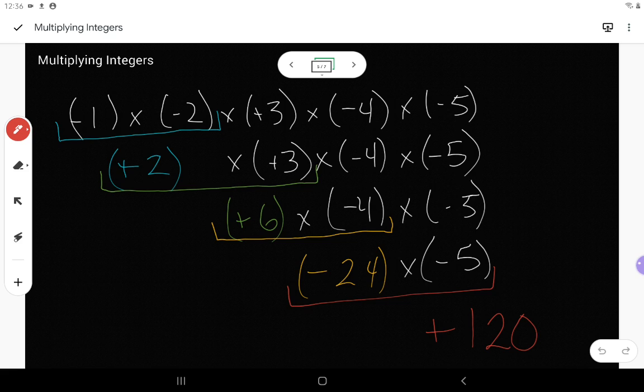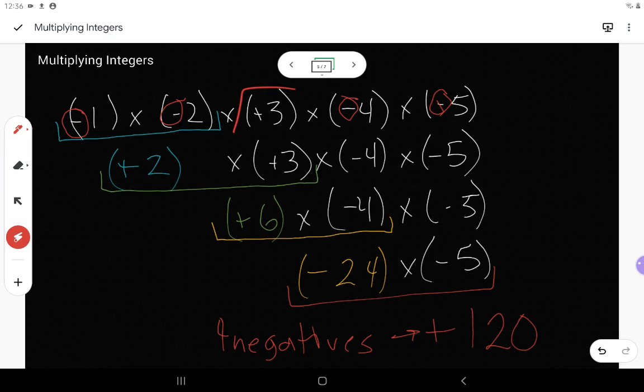So when I look at this next one, 1, 2, 3, 4 negative integers. 4 is even, and I got a positive answer. Notice I did not include this 3 because it is not negative.